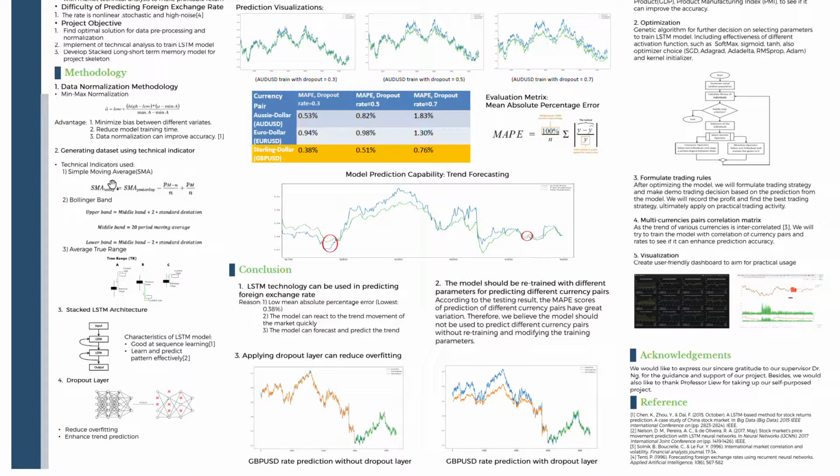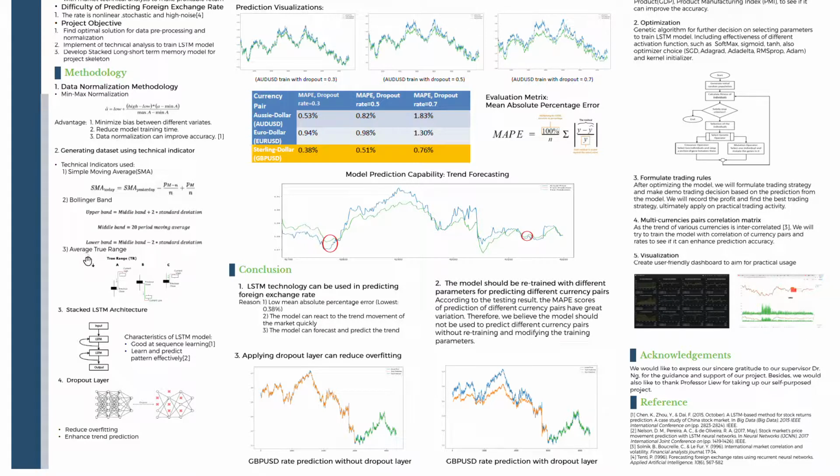Secondly, I will talk about the dataset using the technical indicators. We have implemented 3 technical indicators in our training model dataset. The first one is the simple moving average, the second one is the Bollinger Band, and the third one is the average true range. The simple moving average gives the support and resistance points of the foreign currency market rate, and the Bollinger Bands give the interval of the rate.